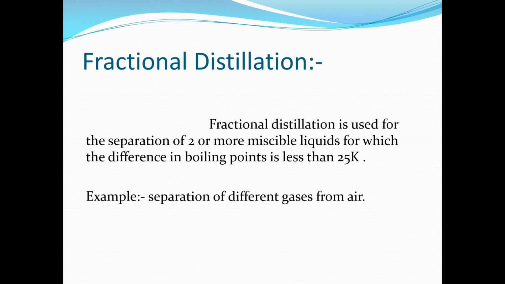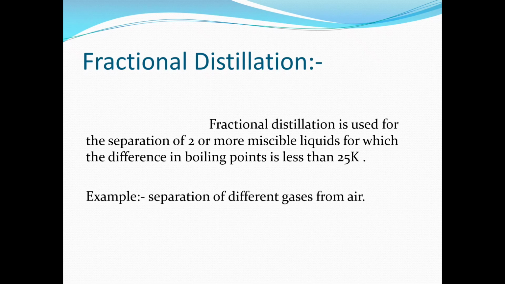We will apply fractional distillation, which is a part of distillation, when the difference in the boiling points of the liquids present in the mixture is less than 25 K. That is, if the boiling point of one liquid is 298 K, and the boiling point of another liquid is 300 or 305 K, here we can see the difference is less than 25 K. In these cases we will apply fractional distillation instead of distillation.